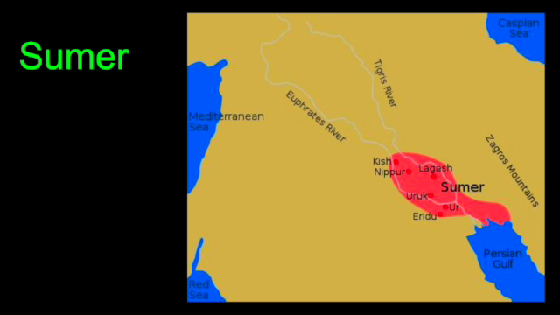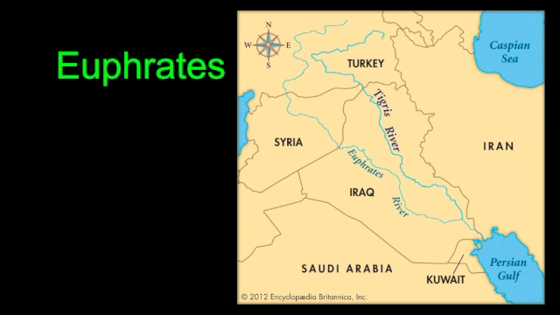Ur is in a region known as Sumer. So this area on the map here is called Sumer. Ur was a city-state, so it was its own country. Sumer in the early years was not a country, but just a region. It was the area around where these rivers went into the Persian Gulf. And what are these rivers? The Euphrates is the one that's a little more southwest.